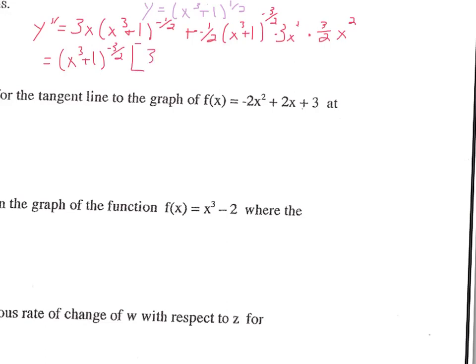So we have a 3x times, and if I take negative 1/2 and subtract a negative 3/2, it's like adding 3/2 to it, which will just make it a 1. And then I'll have a negative 1/2 left over times a 3x squared times a 3/2 x squared. So that would be a negative 9/4 x to the 4th.